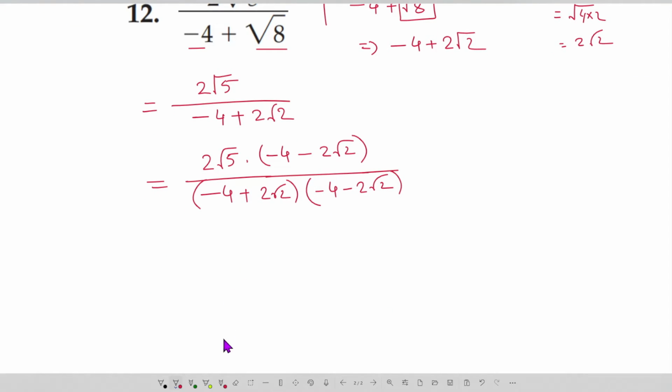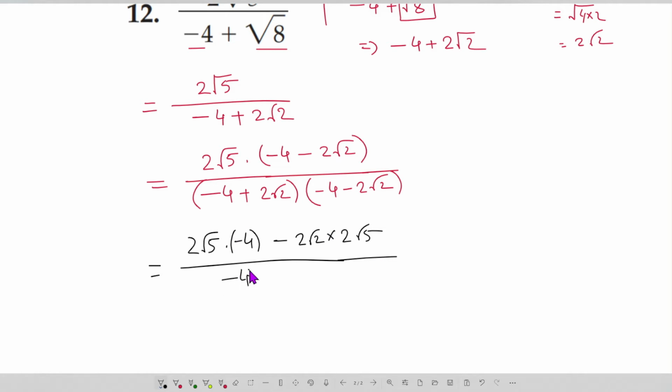Okay, next: 2 root 5 times minus 4, and here minus 2 root 2 times 2 root 5, and here is minus 4 square minus 2 root 2 square.